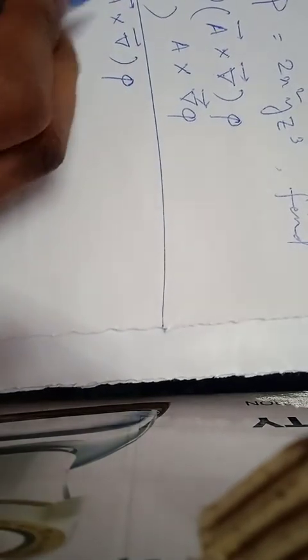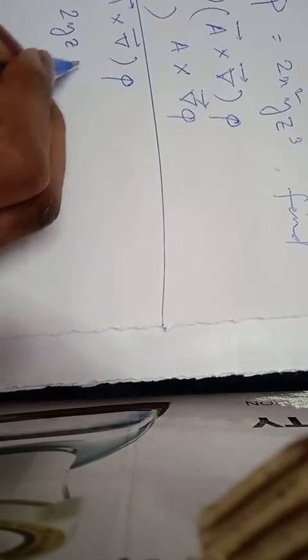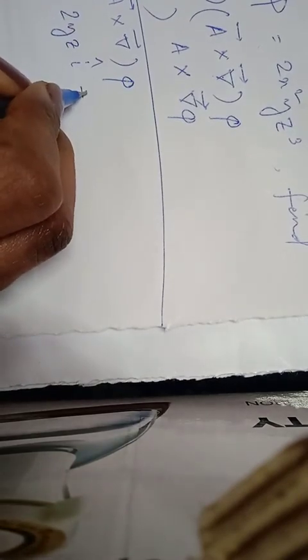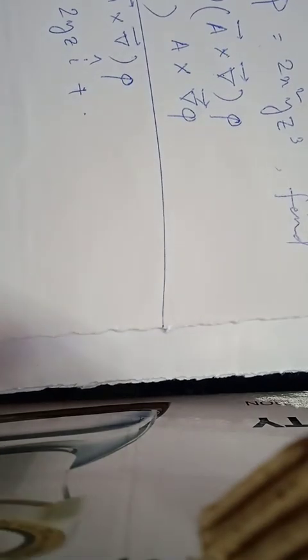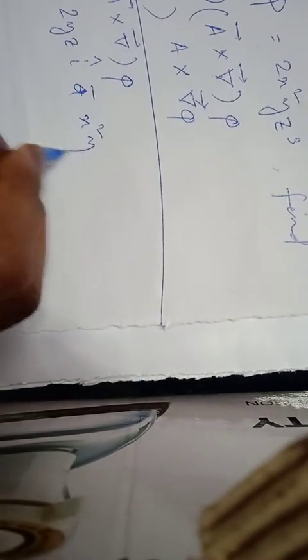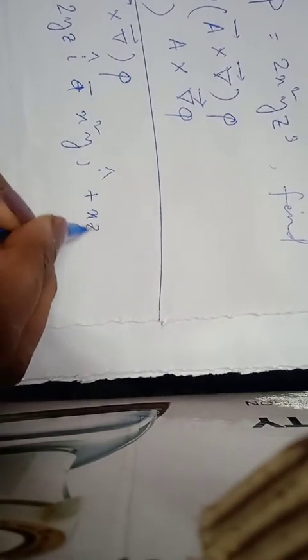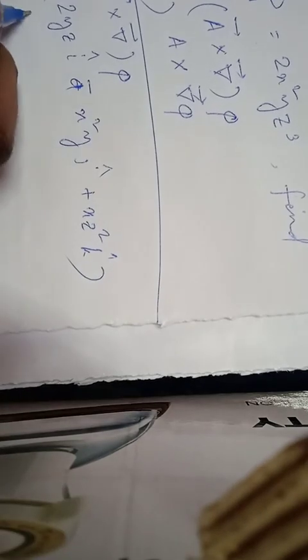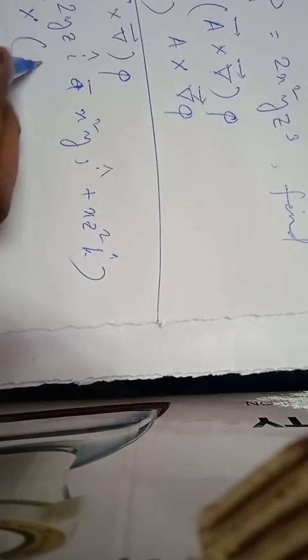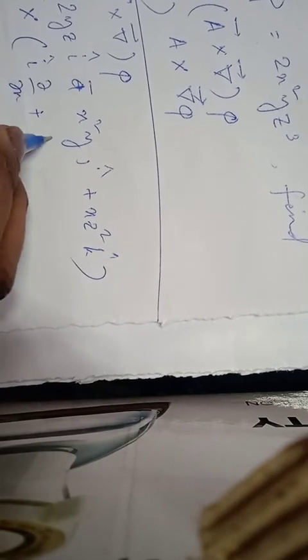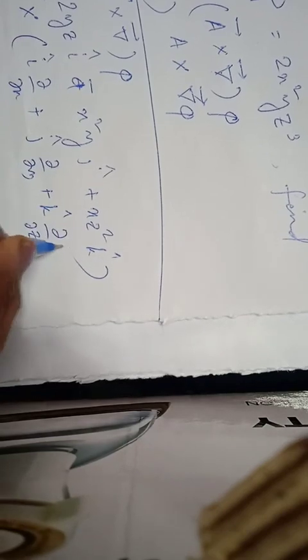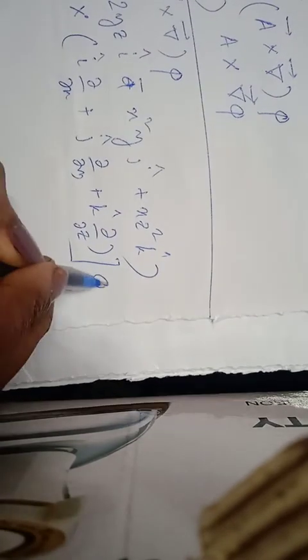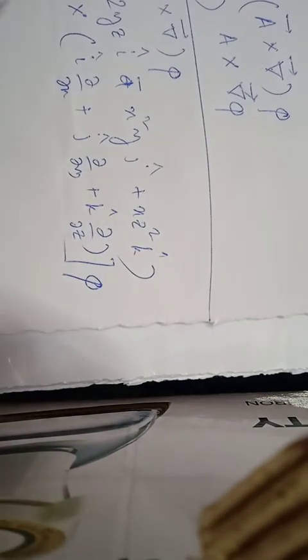That means vector a means 2yz i cap, not plus, minus x square y j cap plus xz square k cap, cross nabla operator, that is i cap del/del x plus j cap del/del y plus k cap del/del z, this whole thing over another bracket over the function phi.